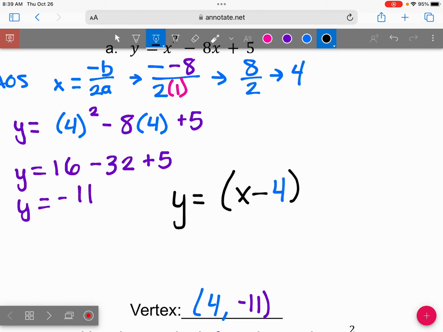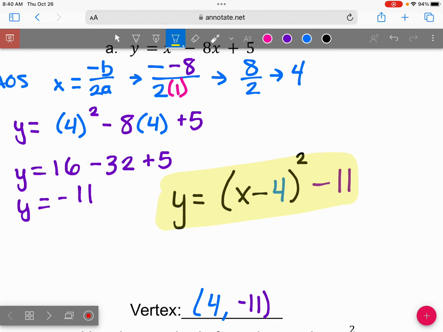So x minus 4 squared plus k, plus negative 11 or minus 11. And this is our vertex form. So that's how we write it on the test.